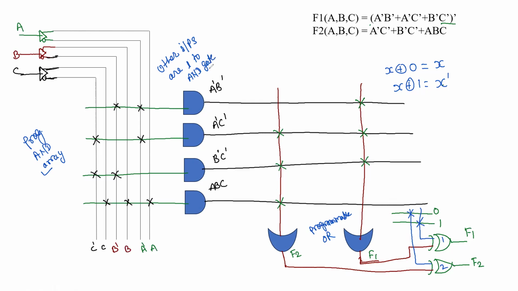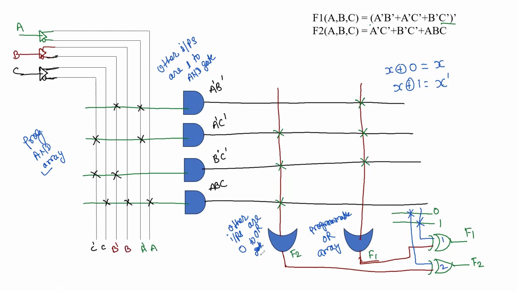Otherwise, if any input is 0 to the AND gate, the output will become 0. So as per our function, whatever literals are there, that we are connecting, and the remaining inputs are assumed as 1 here. Whereas in case of the programmable OR array, in this part, the other inputs to the OR gates are 0.